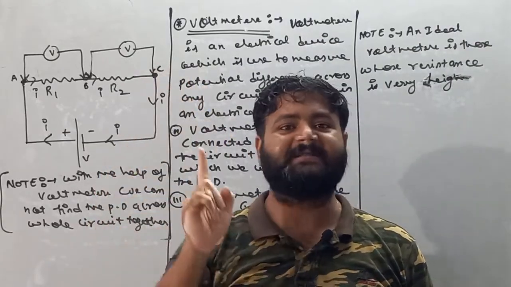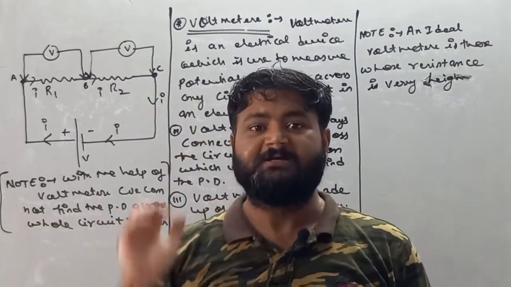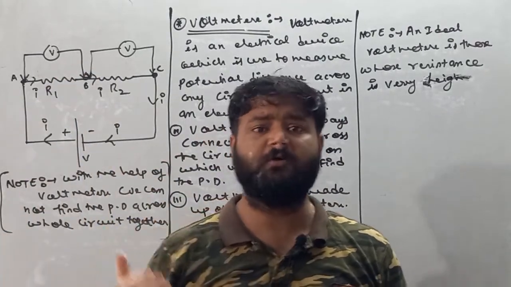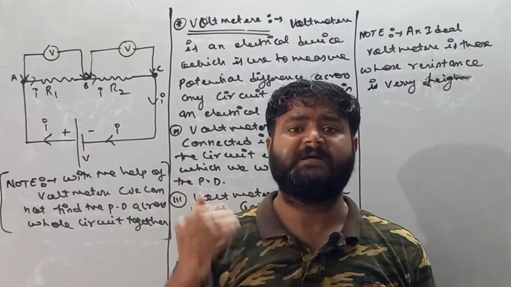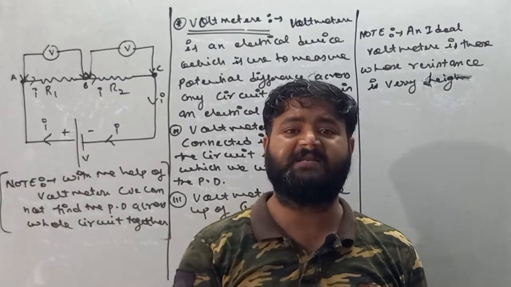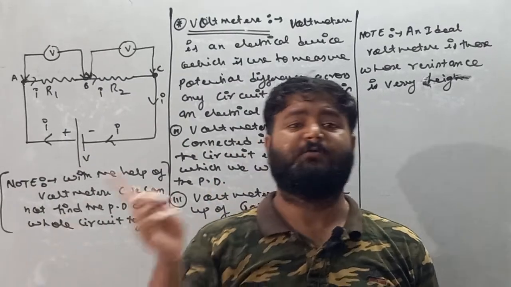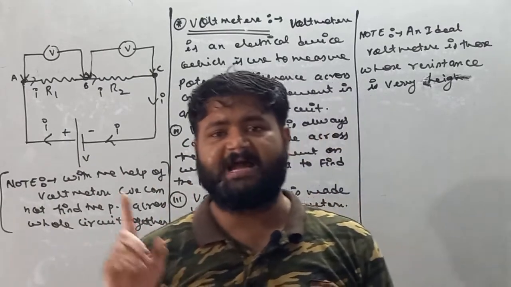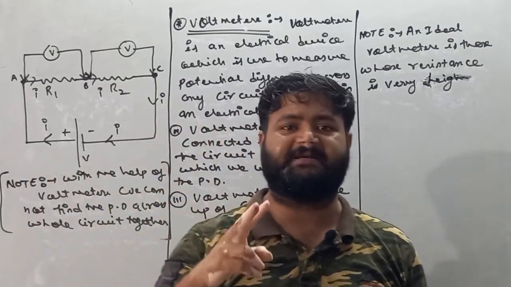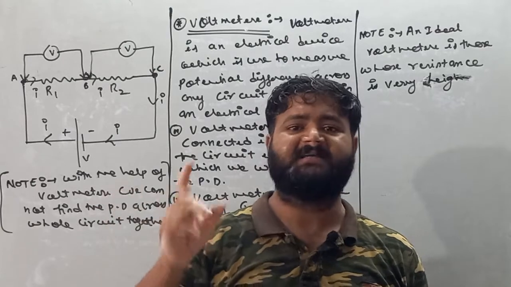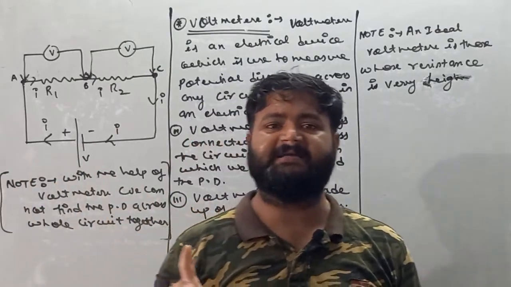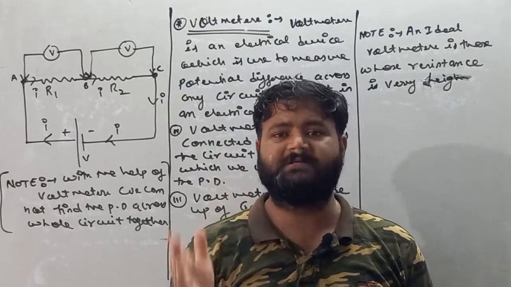So voltmeter is made up of galvanometer, so we have to increase its resistance. So we have to connect a high value resistor in series with galvanometer so that the net resistance increases, and the combined device, galvanometer and high value resistor connected in series, forms voltmeter.